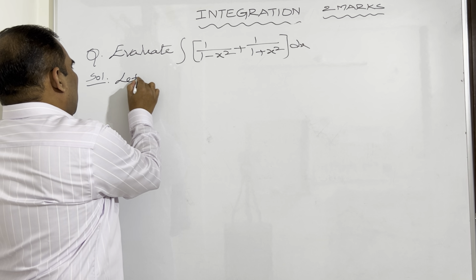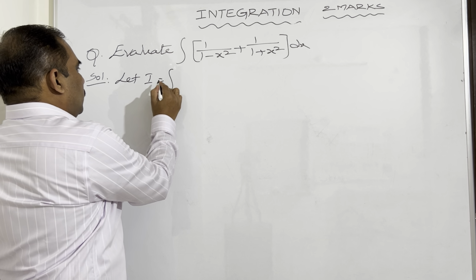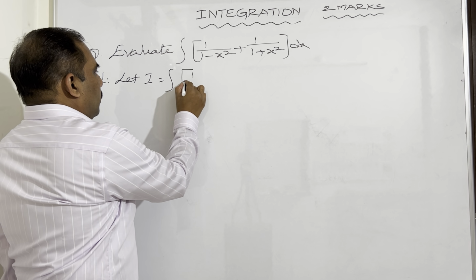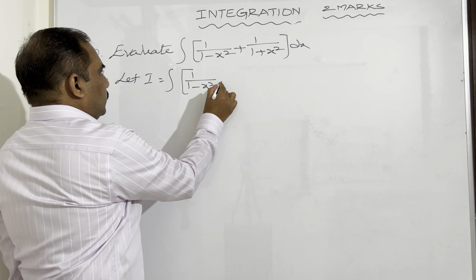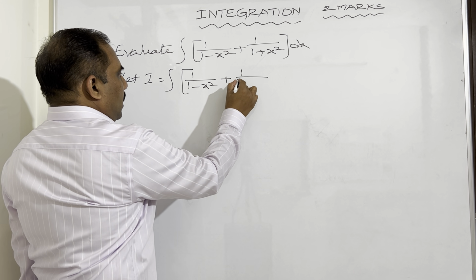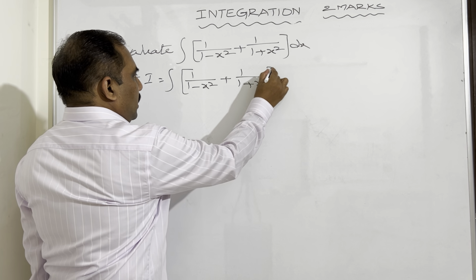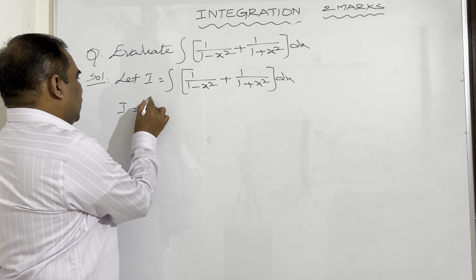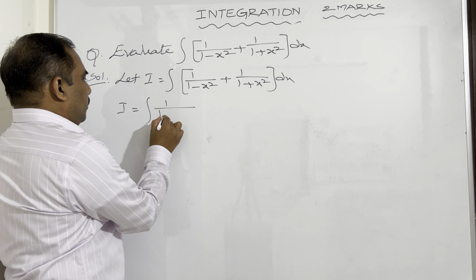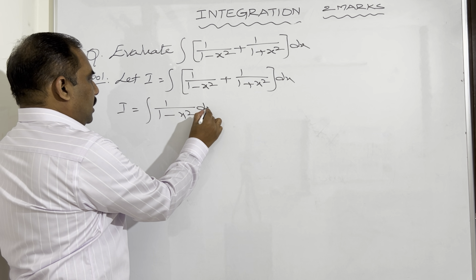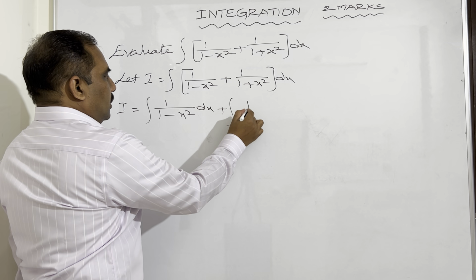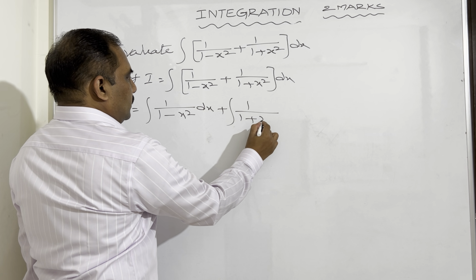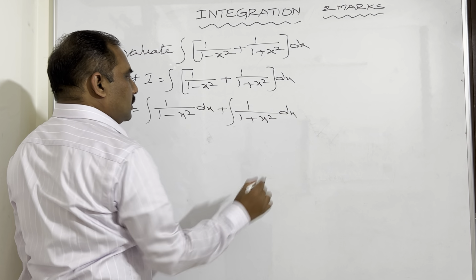Now take I = integral of 1/(1 - x^2) + 1/(1 + x^2) dx. Operating the integral for both the functions: integral of 1/(1 - x^2) dx plus integral of 1/(1 + x^2) dx.